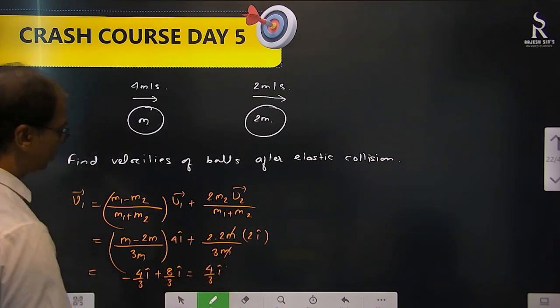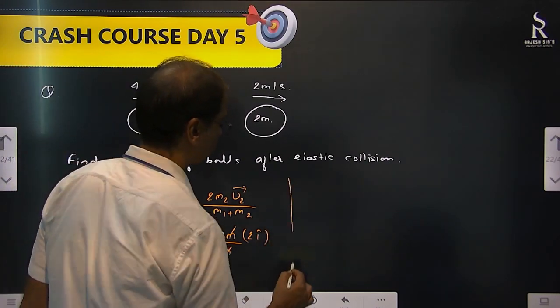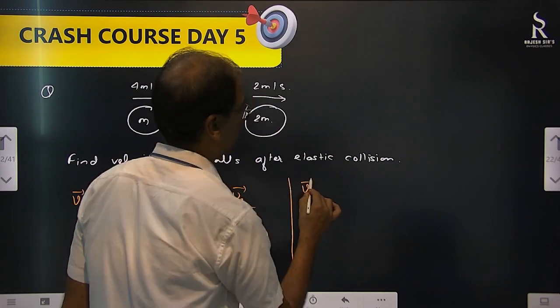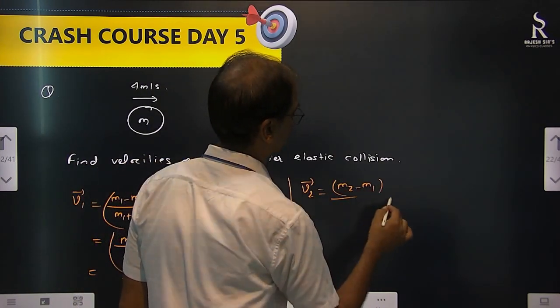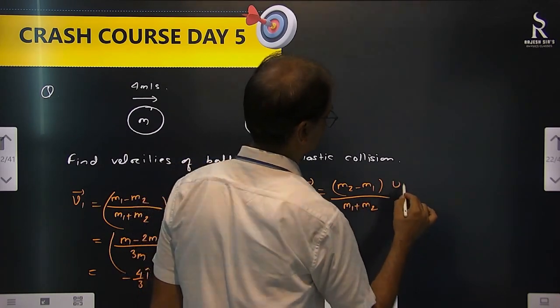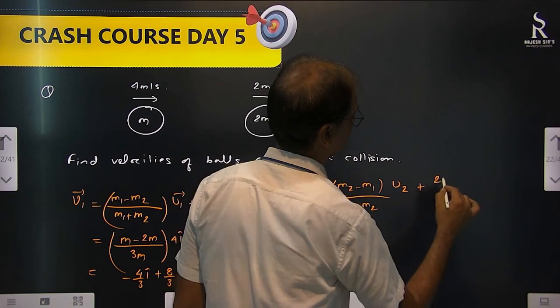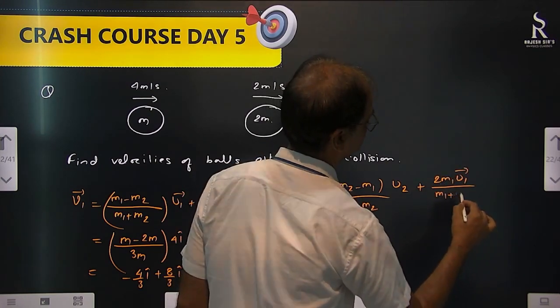This is V1. Same way we can do V2. V2 is (M2 minus M1) by (M1 plus M2) into U2, plus 2M1 U1 by (M1 plus M2).